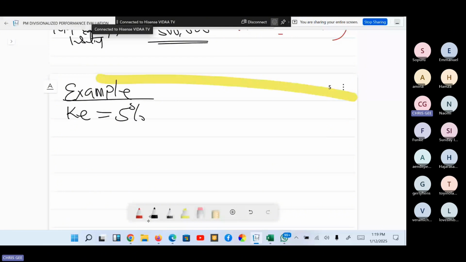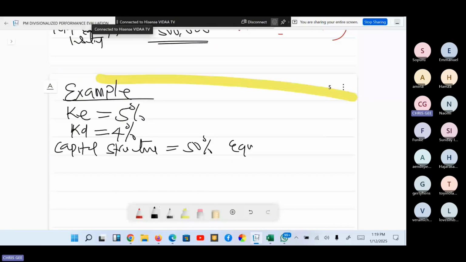I know the reason why I'm emphasizing this: when we get to EVA, we'll just skip this part. KD is 4%. Capital structure equals 50% equity, 50% debt, and tax rate equals 30%. What is WACC?